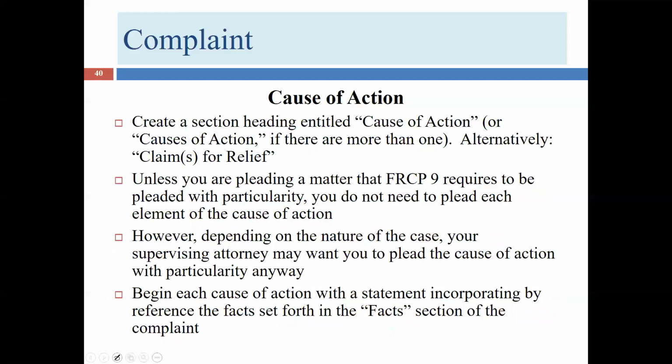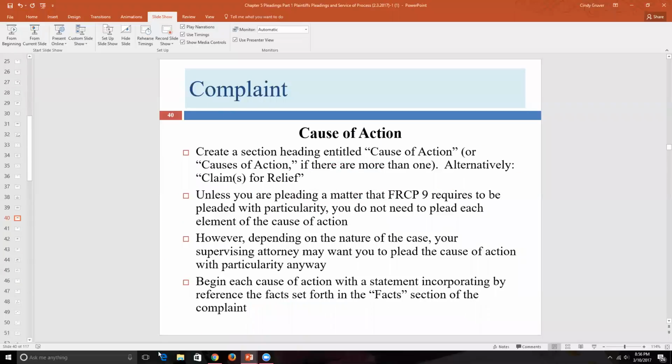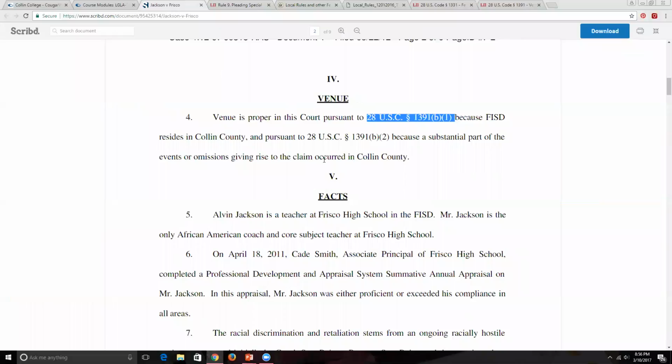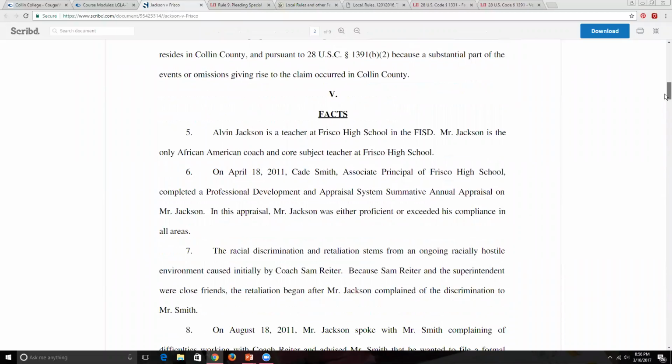Okay, so now I'm going to flip over and we're going to look at the Jackson complaint. So we're ready for the facts section here.